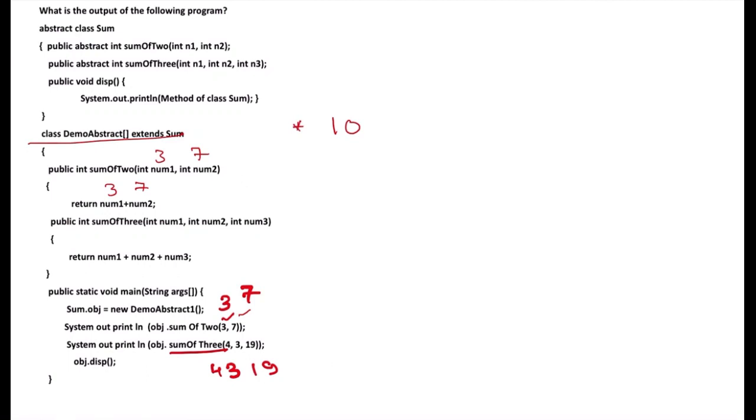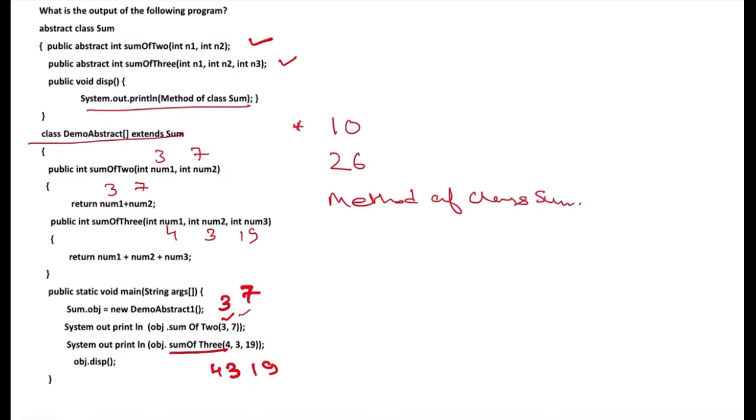Then we move to the second, where sum of 3 receives 4, 3, 19, and the sum is returned, that is 19 plus 3 is 22, 22 plus 4, 26. And when we go to the main class, that is the parent class, we see the public void display, which simply prints method of class sum. So what is an abstract method?